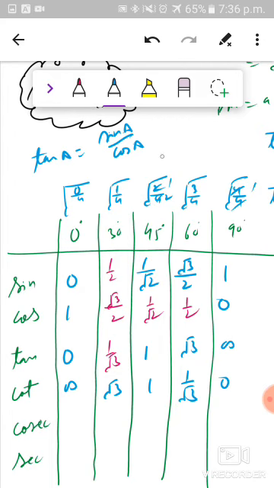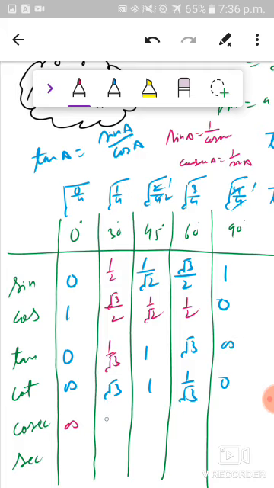Okay. Now cosec. Also we have read that sin A is equal to 1 by cosec A, or cosec A is equal to 1 by sin A. It means cosec is the reciprocal of sin and sin is the reciprocal of cosec. So what is the reciprocal of 0? That is 1 by 0, right? It means not defined. So cosec 0 is not defined.